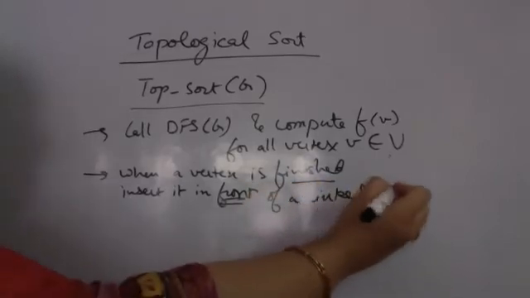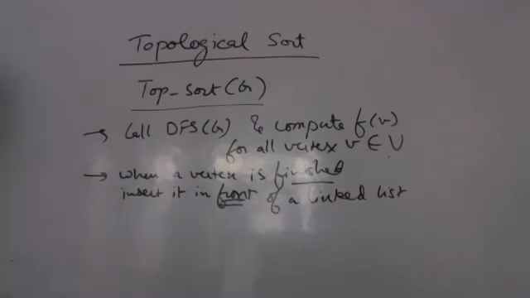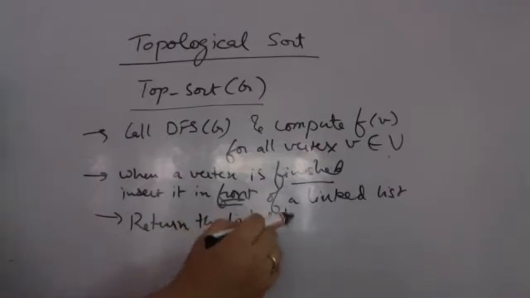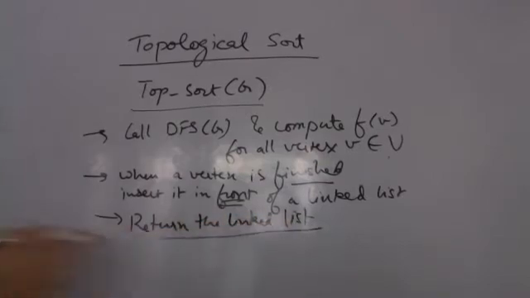We'll see this with an example. I'm just writing down the algorithm. Insert in the front of a linked list, and finally return the list. Whatever your linked list is, that is the order. Finally return the linked list. The order in which it is linked, that is your topologically sorted array. I hope the steps are very clear.